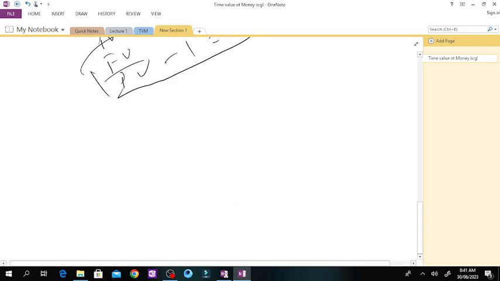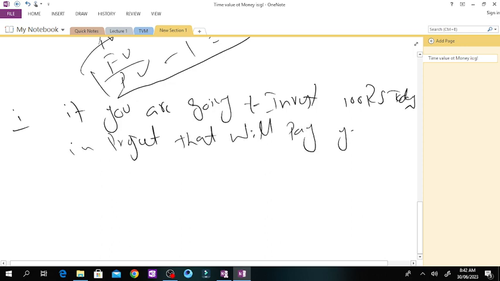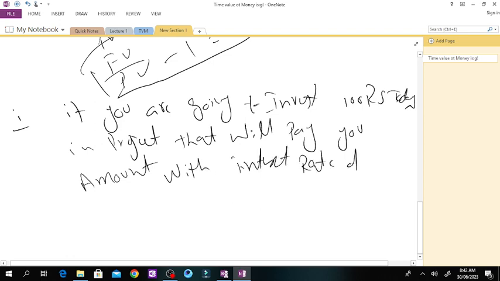Let's say we have an example which I am going to follow, is that if you are going to invest, let's say 100 rupees today in a project that will pay you amount with the interest rate of 8% for 2 years.